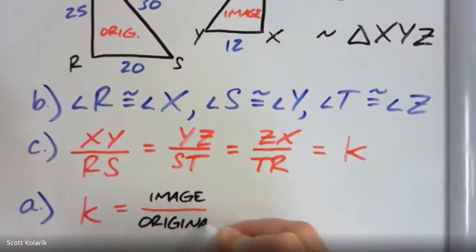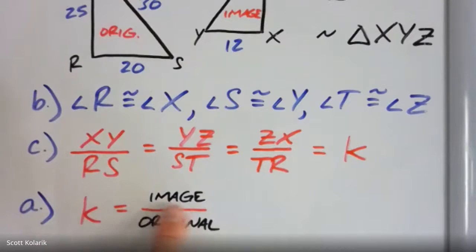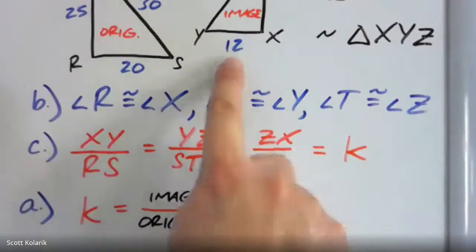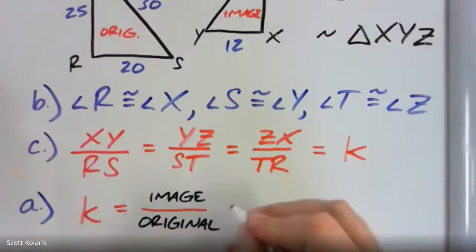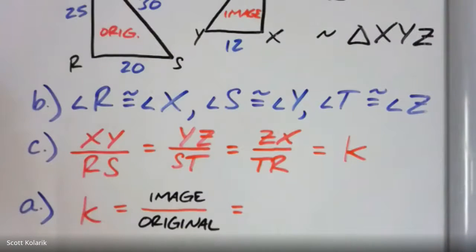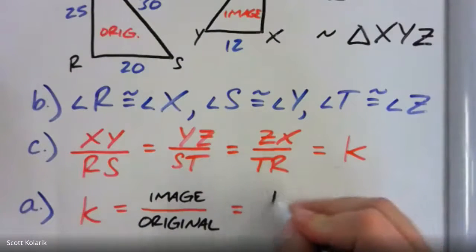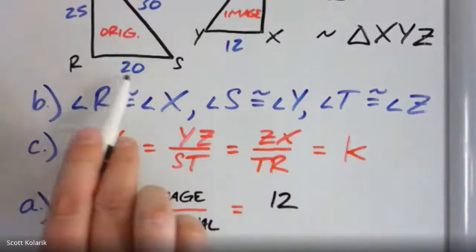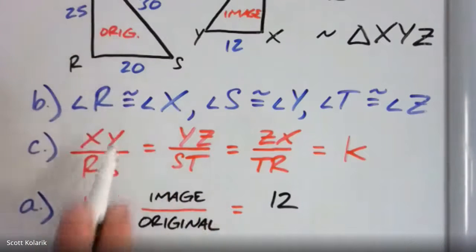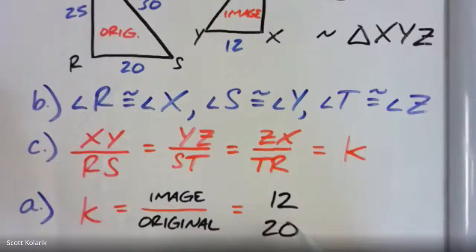It told me to go from RST to XYZ, meaning the XYZ measurement should be in the numerator. So we'll use XY, being 12 units, over the original amount for RS being 20 units. This represents my ratio, 12 over 20.